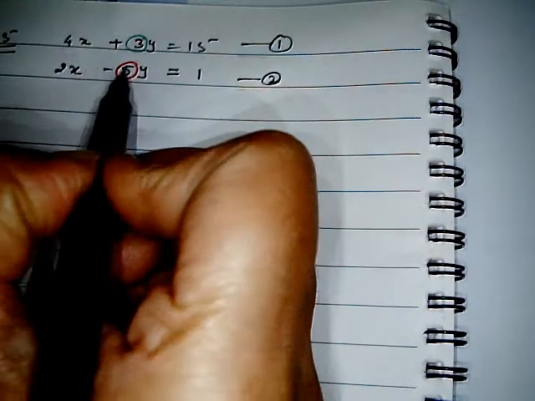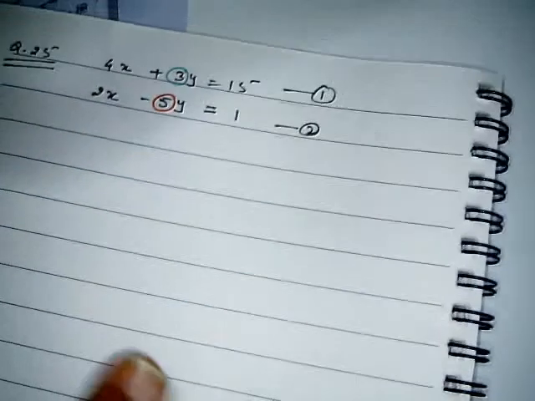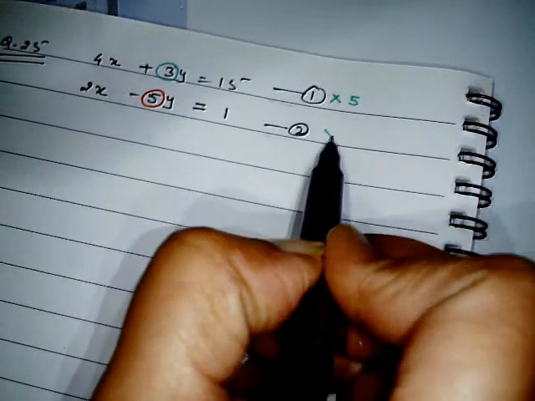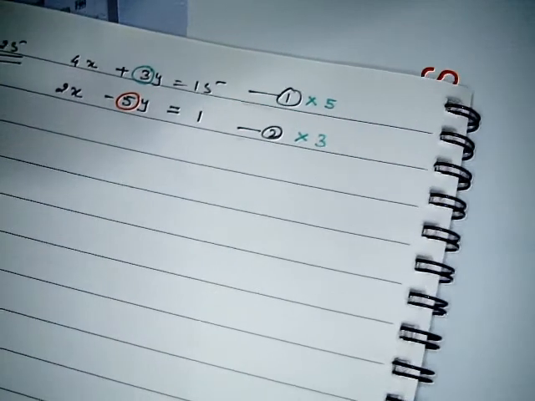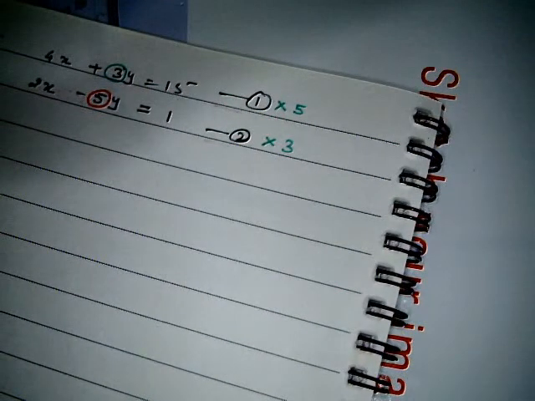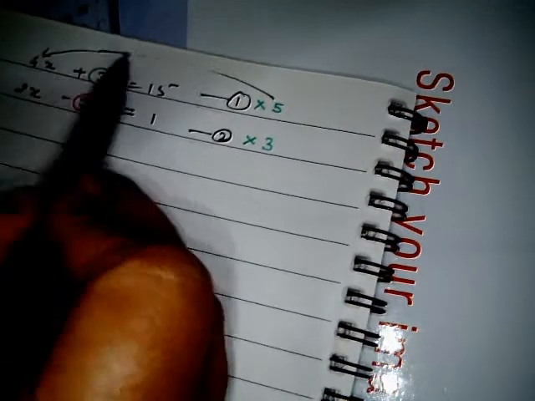So this equation is going to be multiplied by 5 and this equation is going to be multiplied by 3.